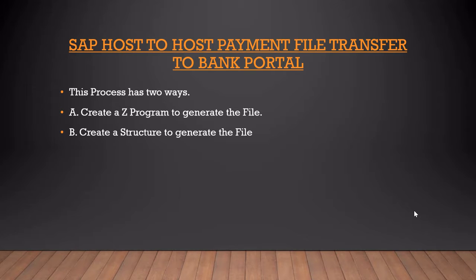When the client decides that we want to do a SAP host-to-host payment with the bank portal, before developing the process, in the initial stages, we'll be having a meeting with the people involved in this development, like business, SAP team, functional and technical, and bank team.